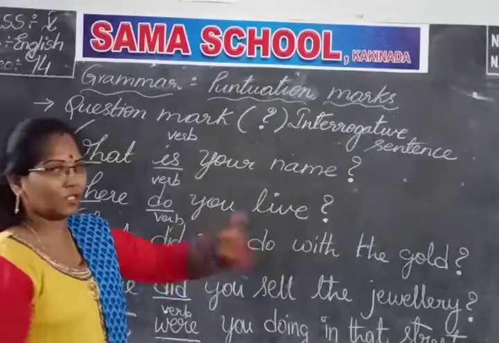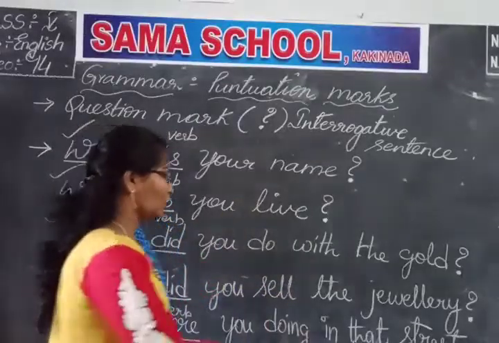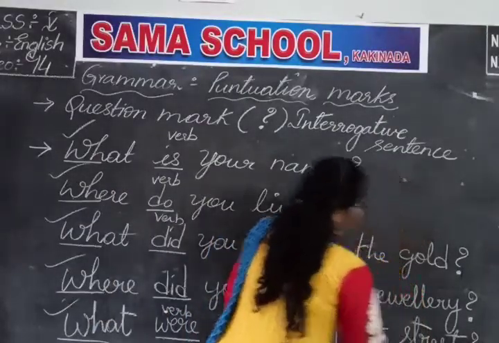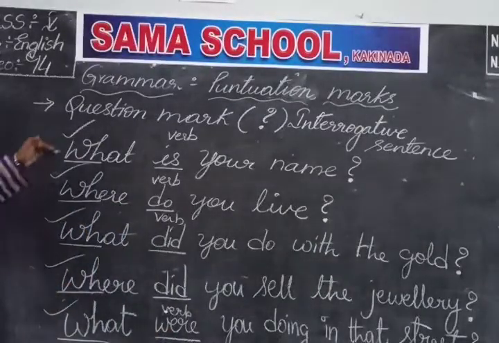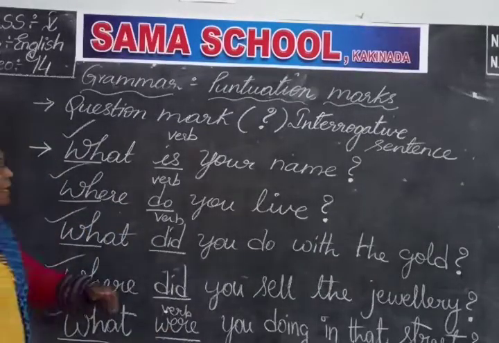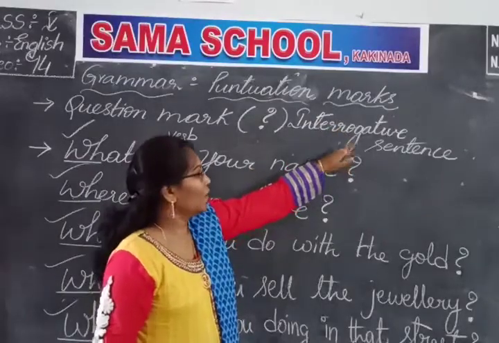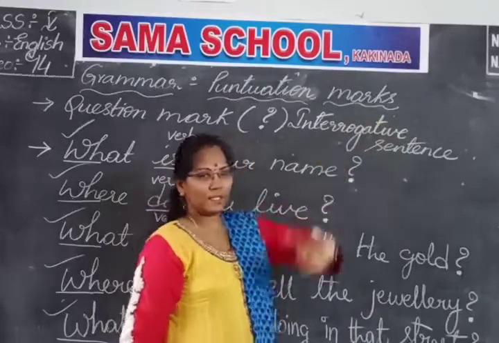In that street, wherever the theft happened, in that place, what were you doing? So here also a question mark. So if we have placed a question mark, it means all these sentences are interrogative sentences. Okay, children? All these sentences are interrogative sentences.